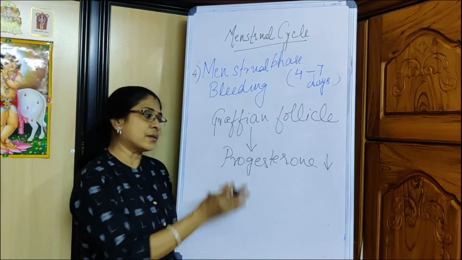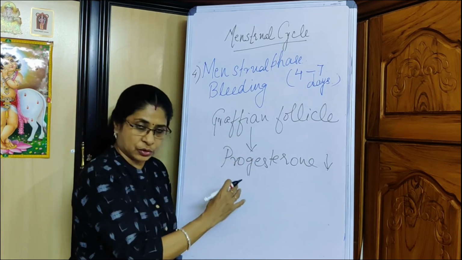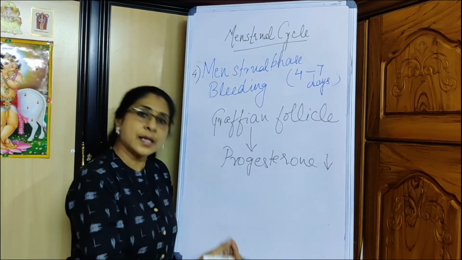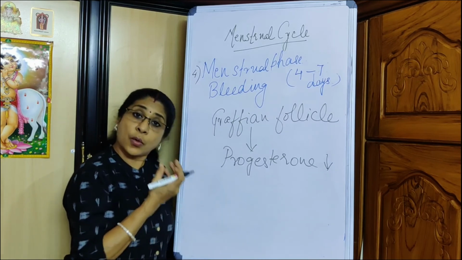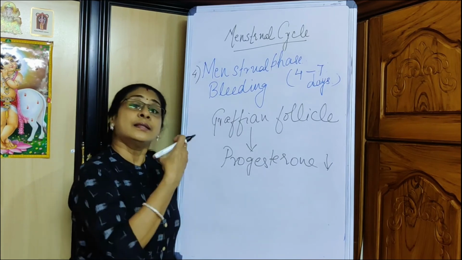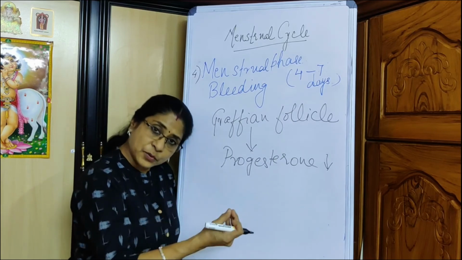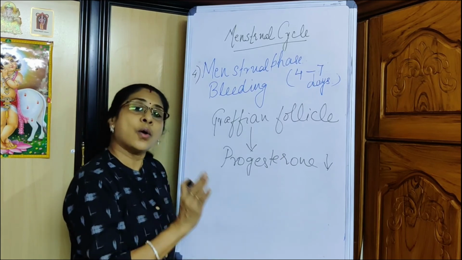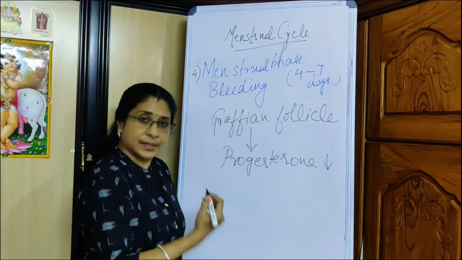So the gradual decline of the progesterone causes the rupture of the blood vessels within the uterine epithelium, and the endometrium which has already thickened is also gradually sloughed away. The sloughed away endometrium as well as the ruptured blood vessels are discharged out through the vagina, called the menstrual flow, and that lasts for 4 to 7 days.